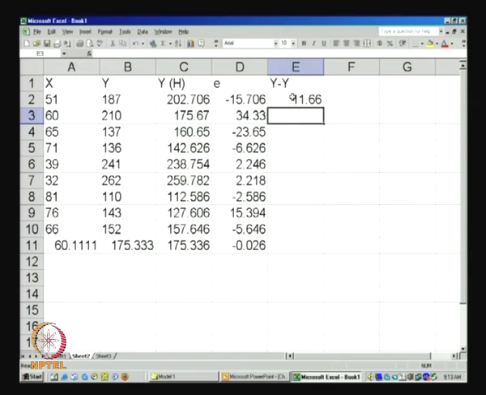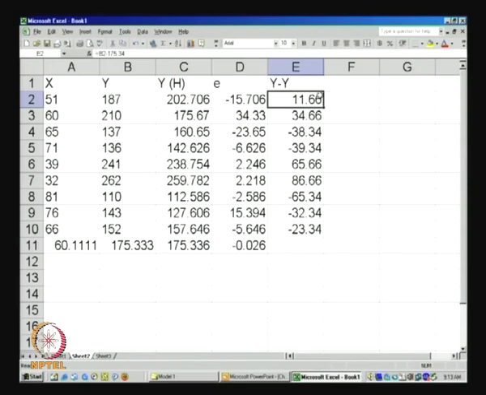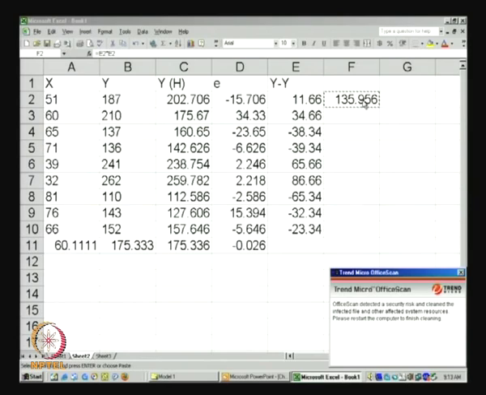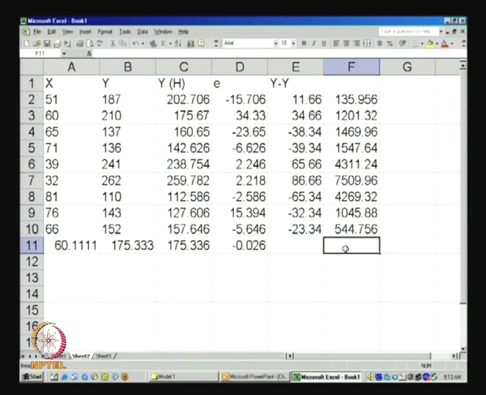Okay, y minus y hat. This is copied, and we have to make it square again, multiplied by these ones. This is 1356.